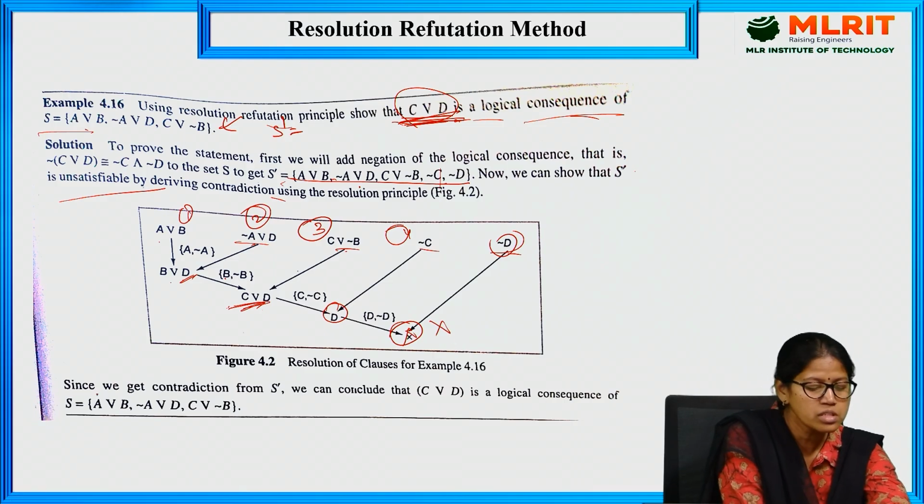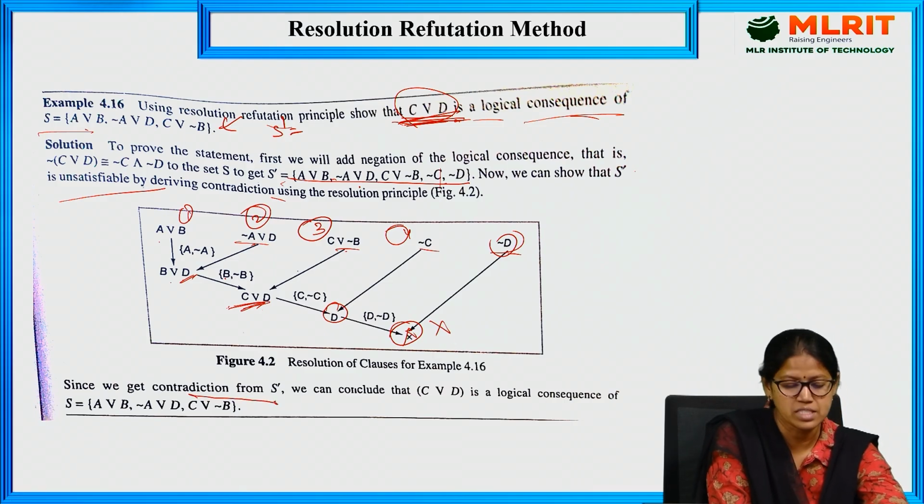So, since we get a contradiction from S dash, we can conclude that C or D is a logical consequence of the set S of classes.